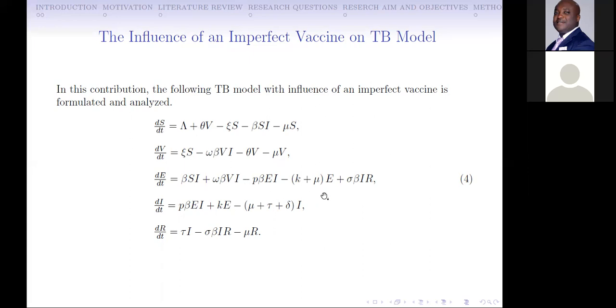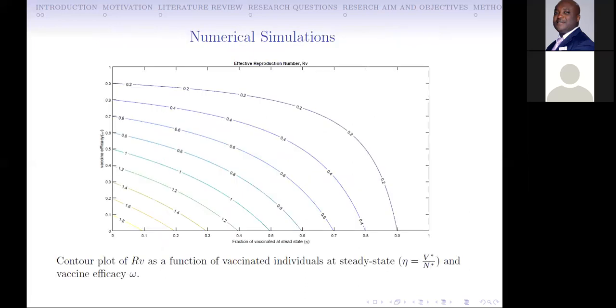This is the equation for the model with an imperfect vaccine. Then the numerical simulation of the model with an imperfect vaccine. There is a contour plot here.